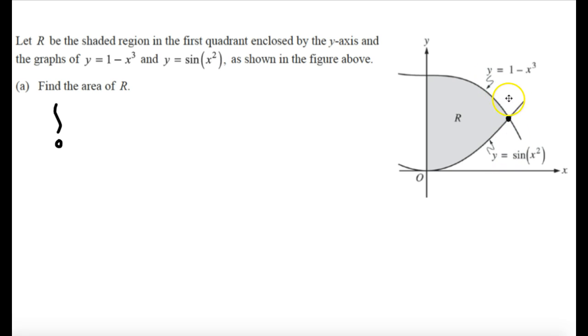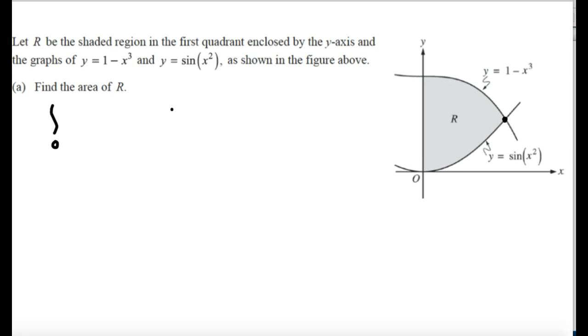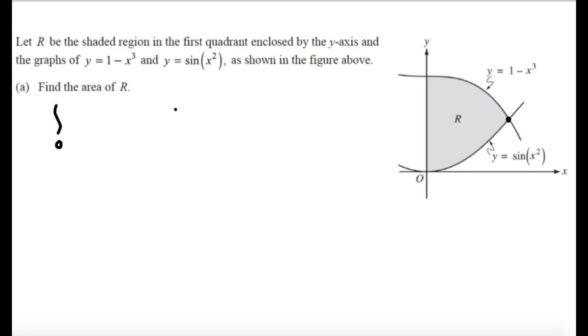My x value would be 0, but then I need to find this point of intersection here. To do that, I can graph these two functions on the calculator and use Calc 5 to find a point of intersection. I'm not going to do that for time's sake in this video, but please tell me if you don't feel comfortable doing that on the calculator, and I can show you how to do it.